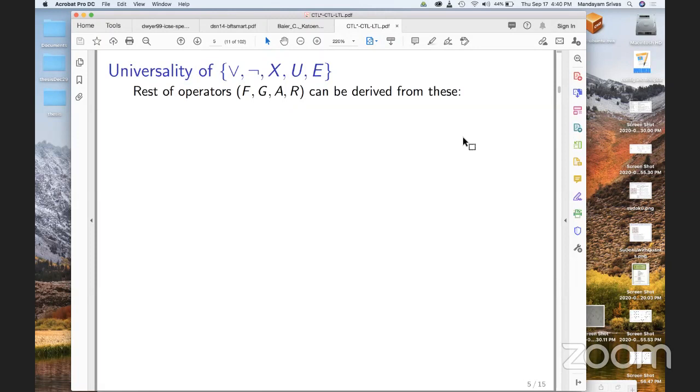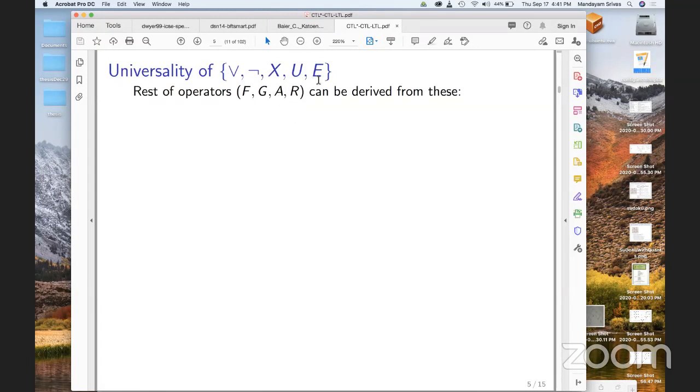So X, U, and E, the path quantifier E and these temporal operators, are enough to define all the rest in CTL star. F, G, A, R can be defined.